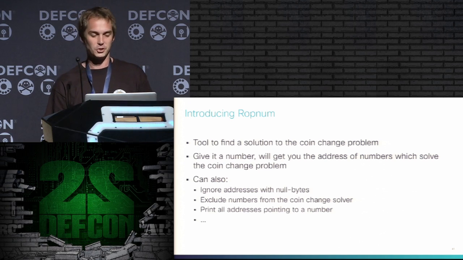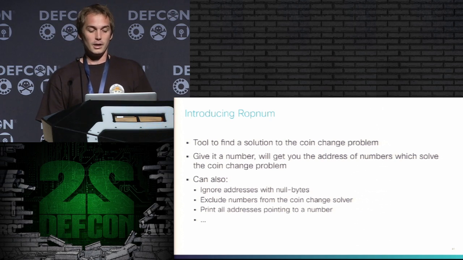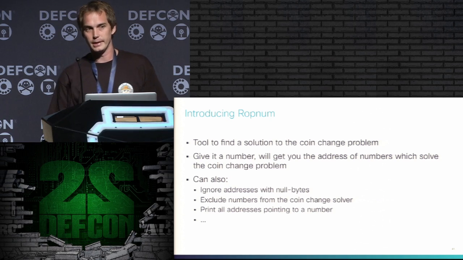It's got a bunch of extra features: it can ignore null bytes, exclude numbers which you don't want in the coin change solver, and print all memory addresses pointing to a number, pointing to 0, etc. These features are not critical.